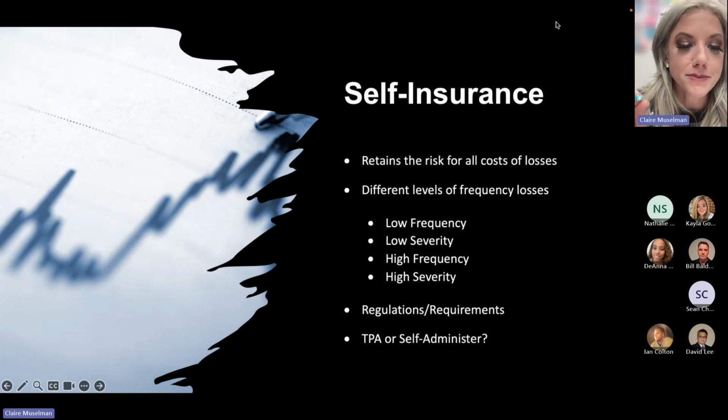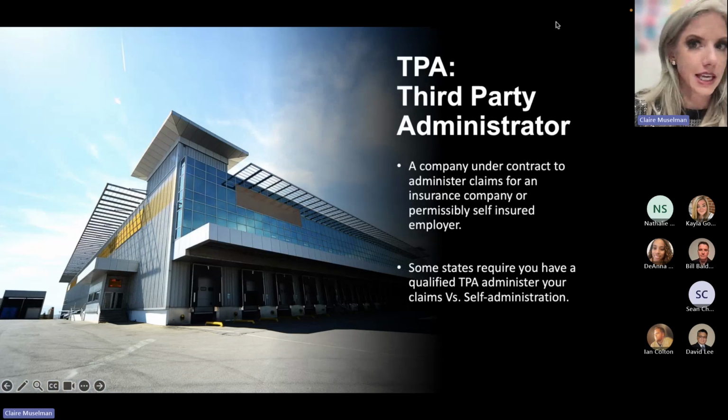But sometimes there has to be a claims handling protocol in place, and some employers do not want to have to deal with that. So people can obtain the third-party administrator. And with that, some states also require you to have a third party administer your claims. So again, we have 50 states. Everybody's got their own rules. Some will not let a company handle their own risk. So some things to think about.